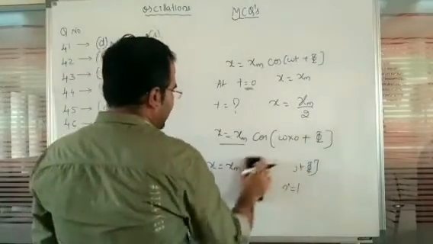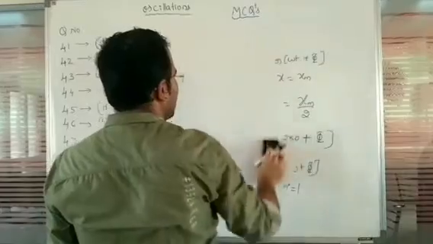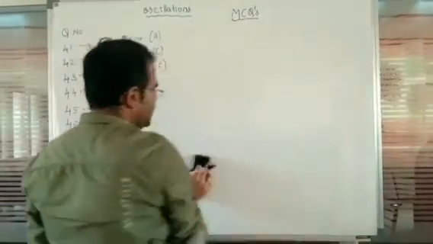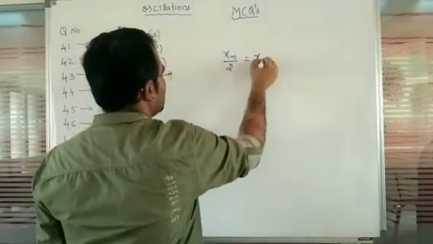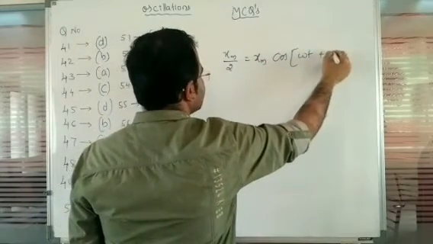Now we need to identify the time period needed. We have xm divided by 2 is equal to xm cos of omega t plus phi, where phi is 0.